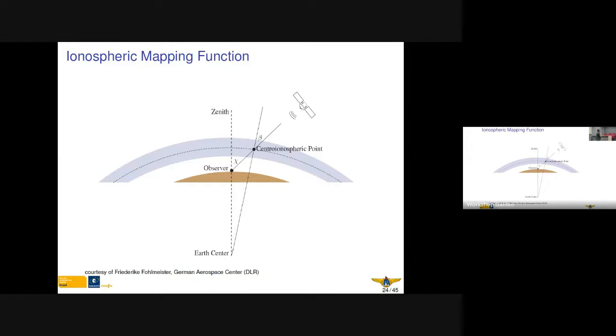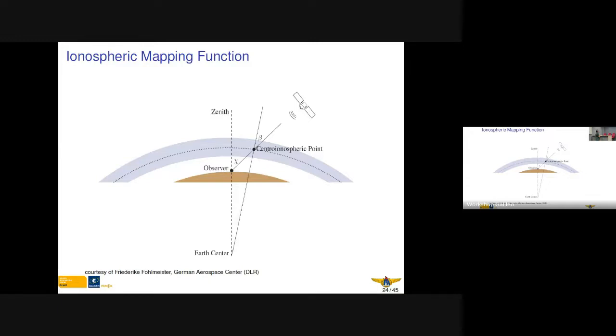So we have an angle beta, and usually we have this central ionospheric point. This is on a sphere, I think 400 kilometers above Earth.